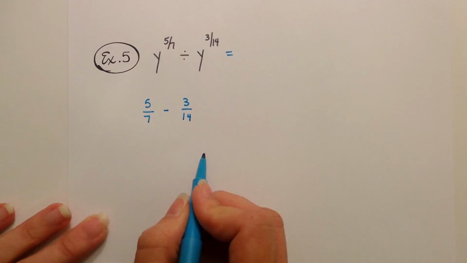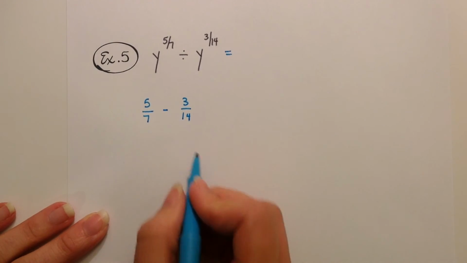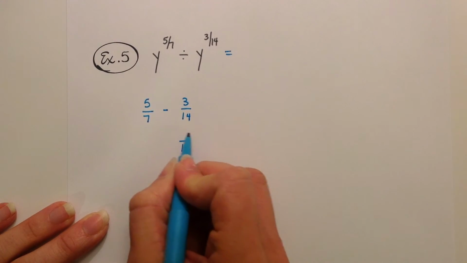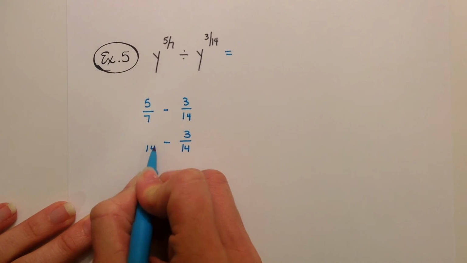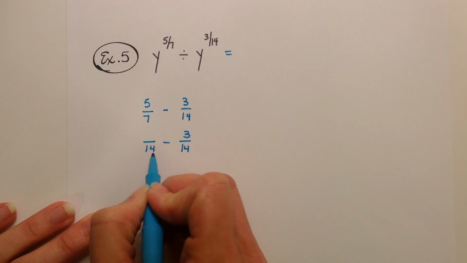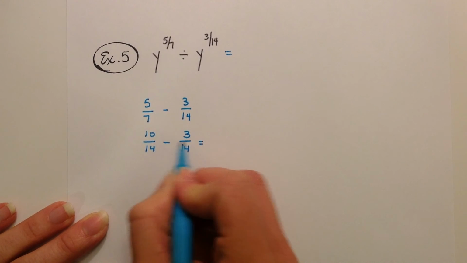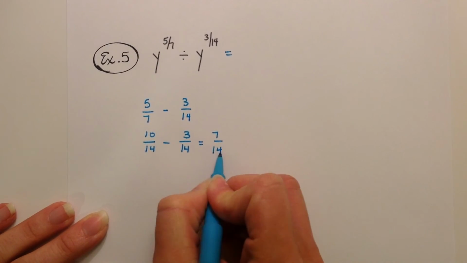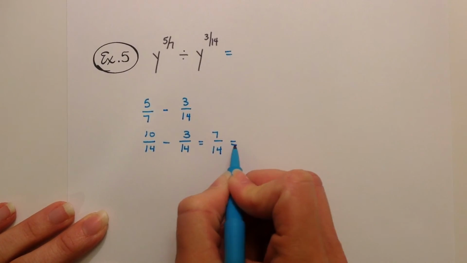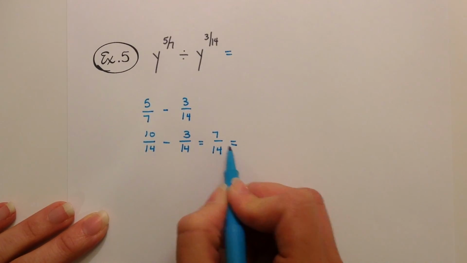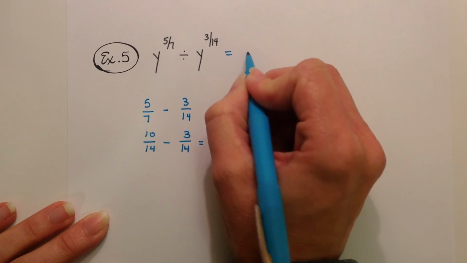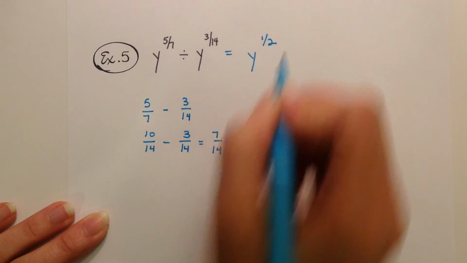Make sure you subtract in the right order. Again, you have to have a common denominator, which would need to be 14. So 7 goes into 14 two times, so 2 times 5 gives us 10. So when you subtract, you get 7/14. And I'll just go ahead and reduce it here this time. So that would give us 1/2. So my answer here would be y to the 1/2 power.